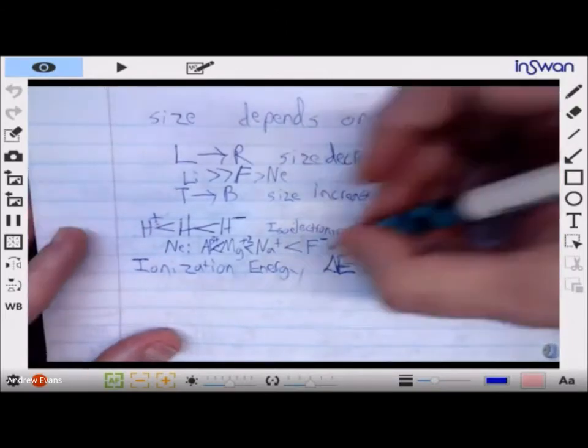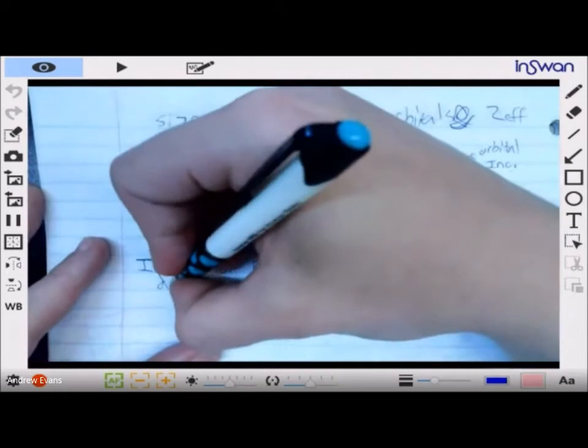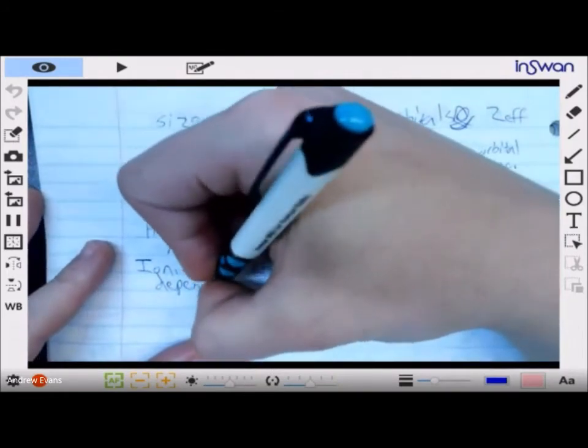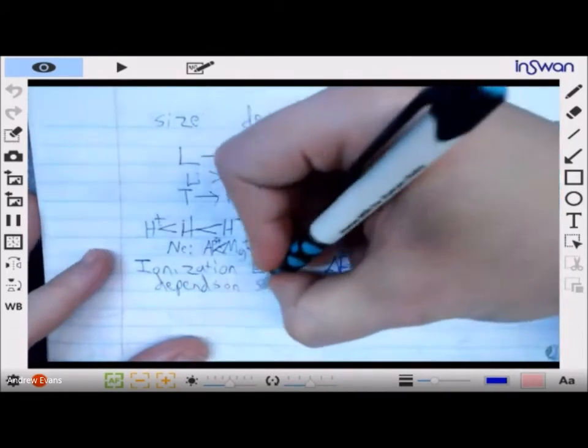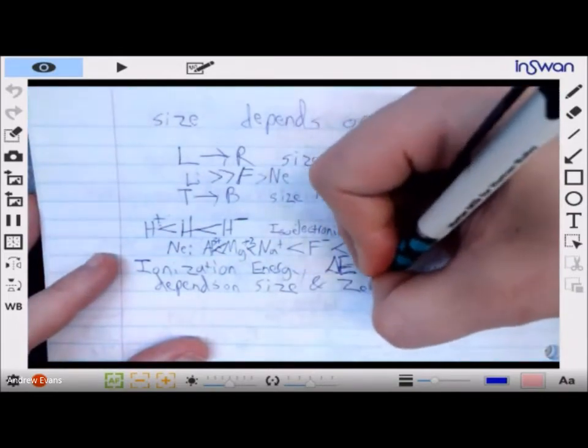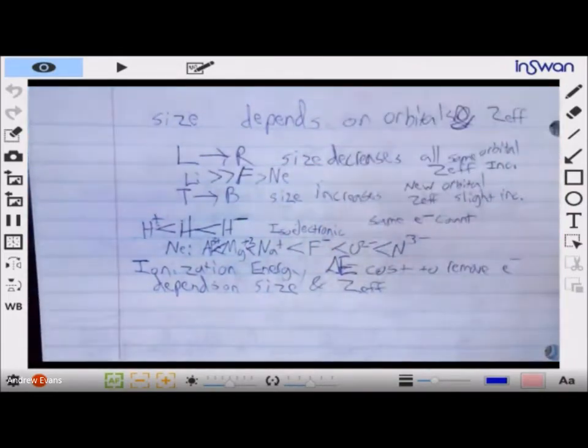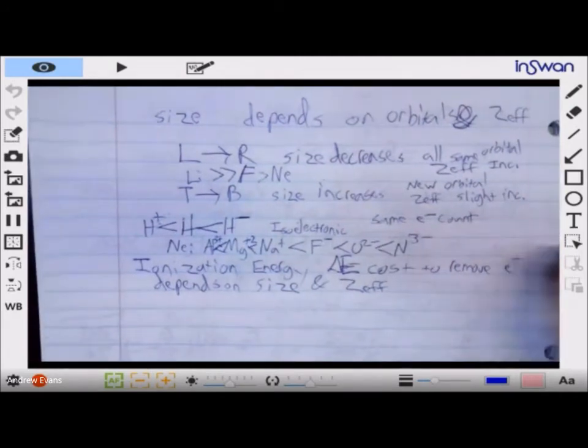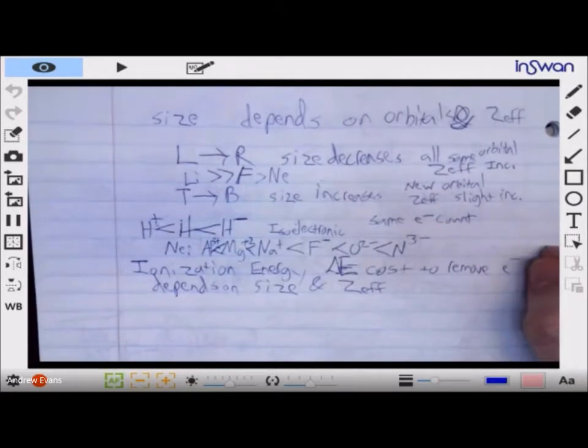This is going to depend on size and Z effective. Because essentially, how well does the nucleus hold the electron?